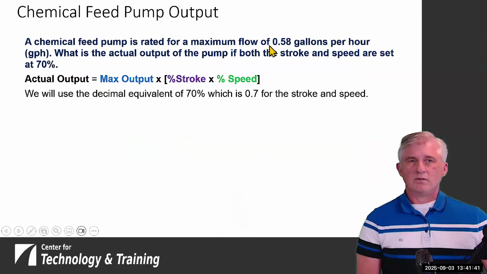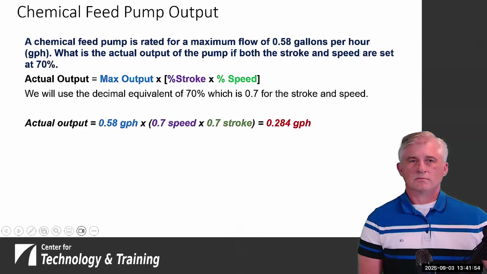So in our example, it's got a max of 0.58 gallons per hour. If the stroke and the speed are set at 70%, what's it actually going to produce? So the actual output is that max multiplied by the percent stroke and speed.